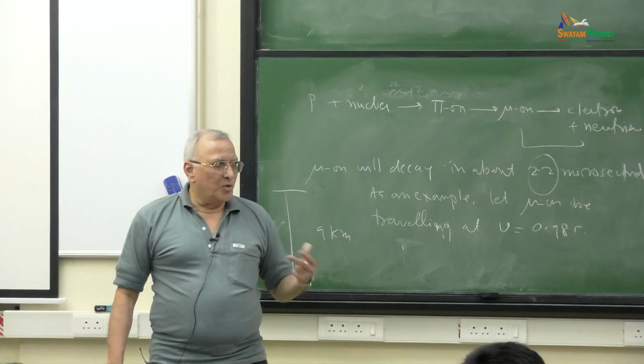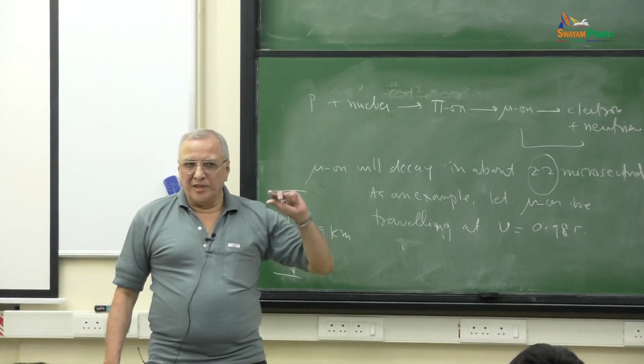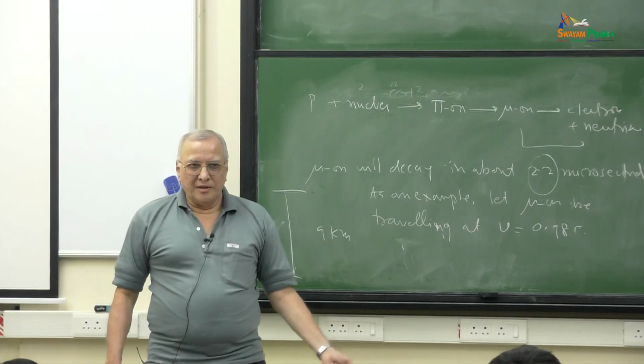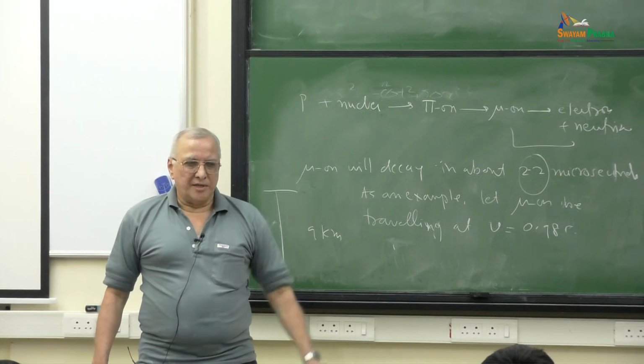Okay. So this is the proof of time dilation effect. That effect is not simply mathematically arrived at, though it can be arrived at the way I described, but it's a physical effect which is there.